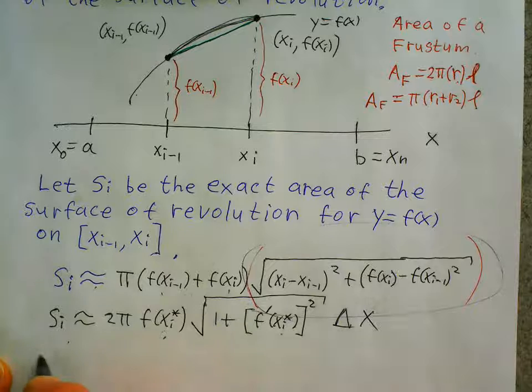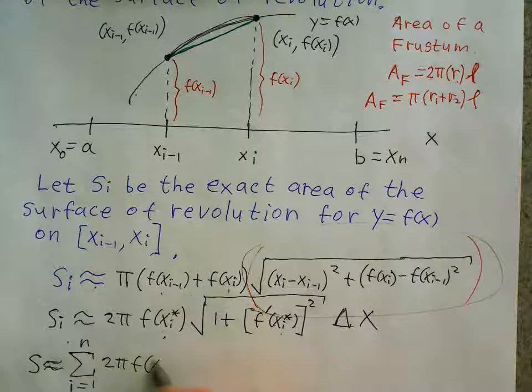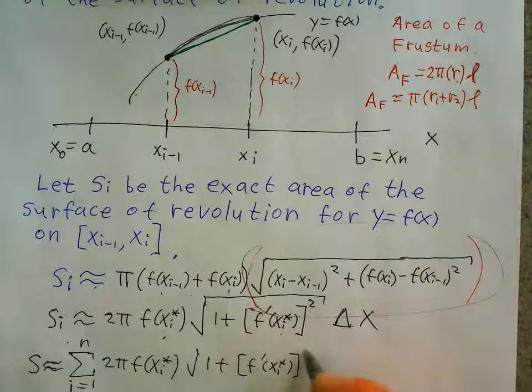And so the entire surface area of revolution is approximately equal to the sum that we get from all n subintervals. So from i equals 1 to n of 2 pi times f of x sub i star times the square root of 1 plus the square of f prime of x sub i star, delta x.